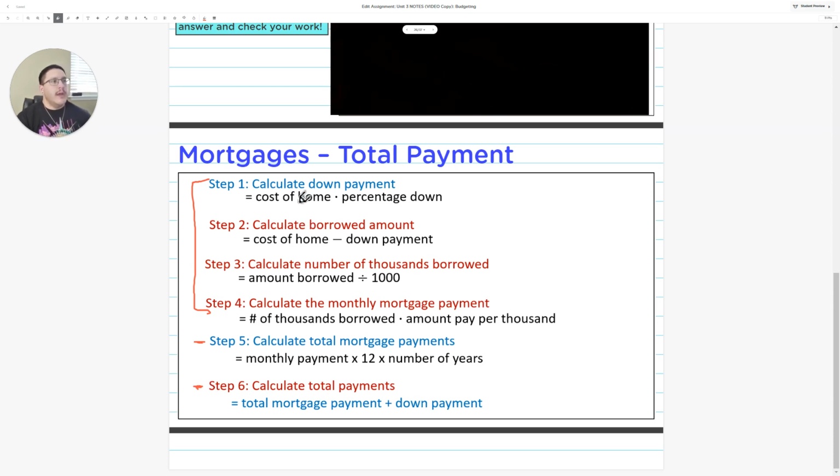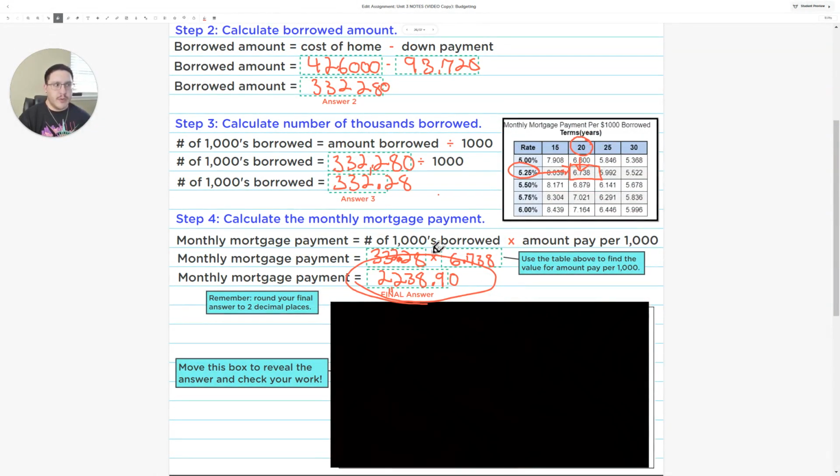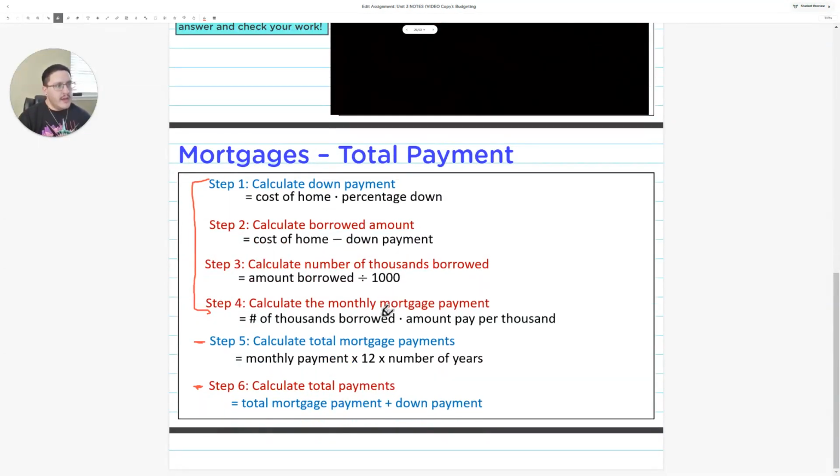Okay, so after we calculate the down payment, calculate the borrowed amount, calculate the number of thousands borrowed, and then calculate the monthly mortgage payment, which again is where we left off on the previous problem, we are then going to calculate the total mortgage payments. So that's the monthly payment times 12 for the amount of months in a year, and then the number of years that the mortgage is being carried out.